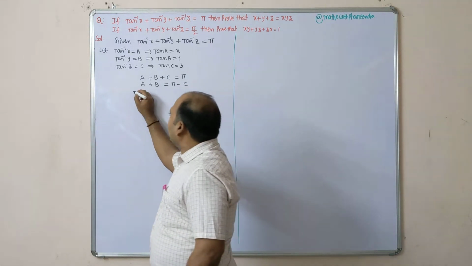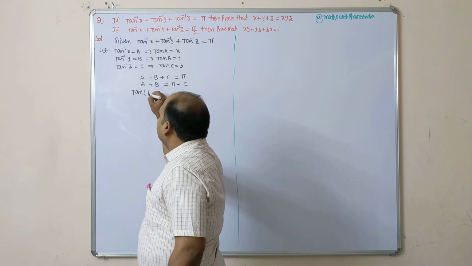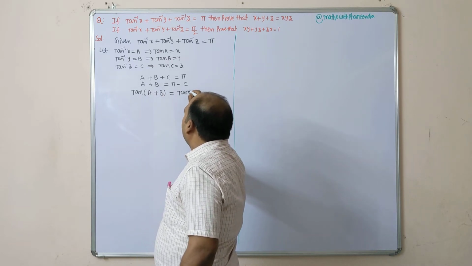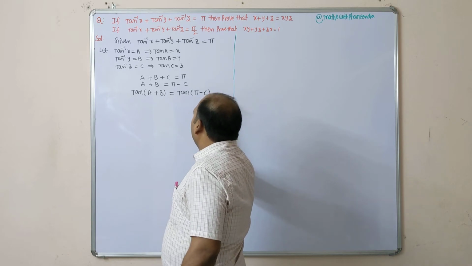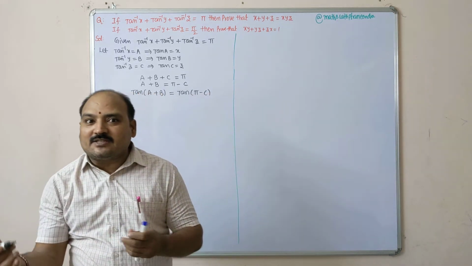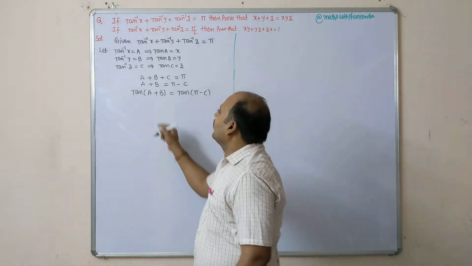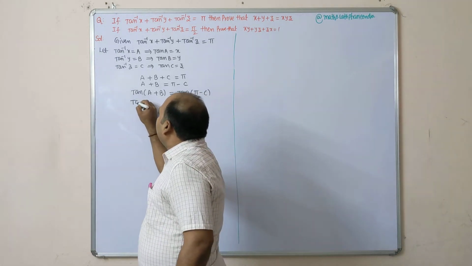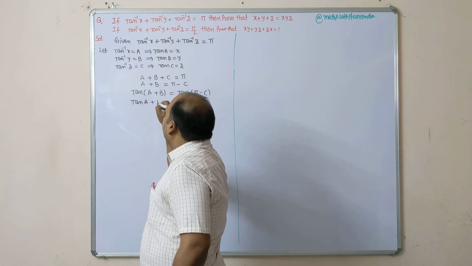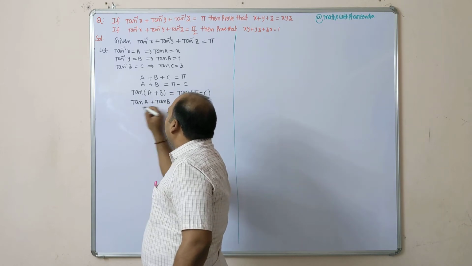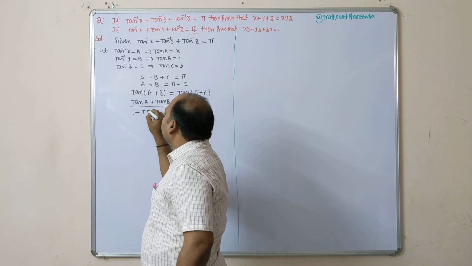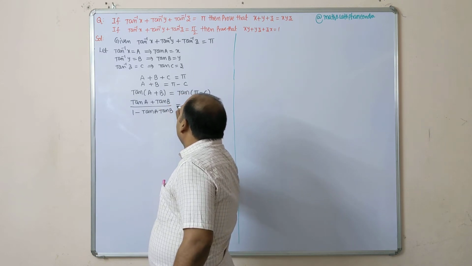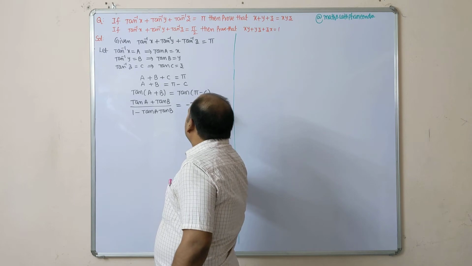Taking tan on both sides: tan of a plus b equals tan of pi minus c. We know that tan of 180 minus theta is minus tan theta. So for tan of a plus b, write the formula: tan a plus tan b by 1 minus tan a tan b is equal to minus tan c.